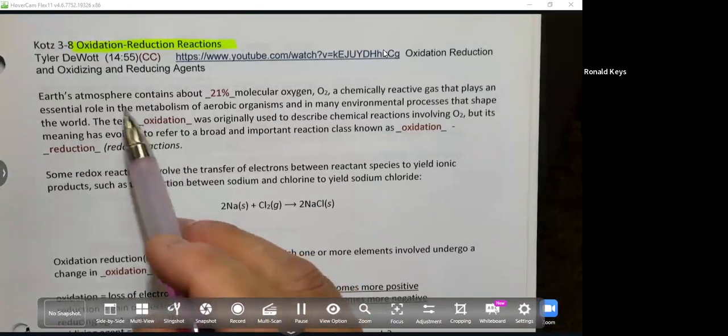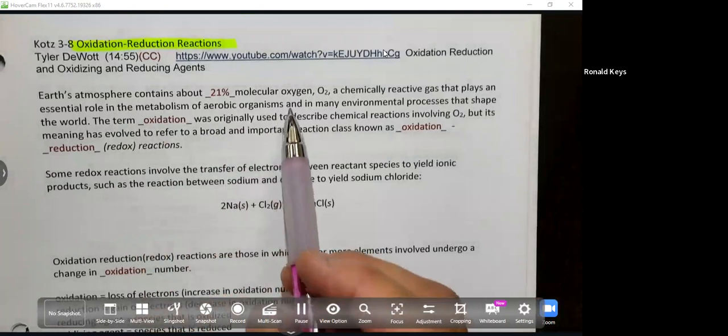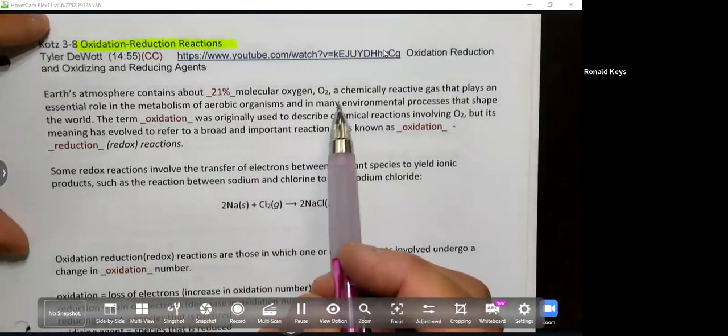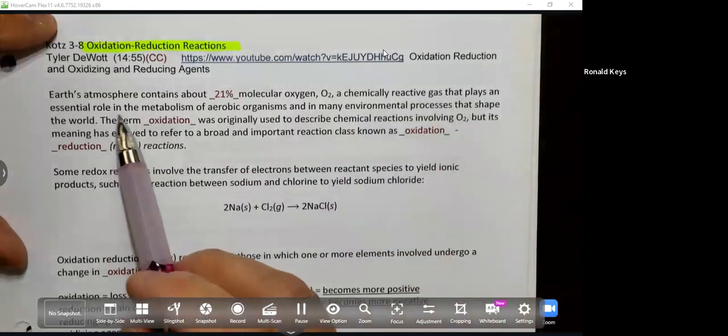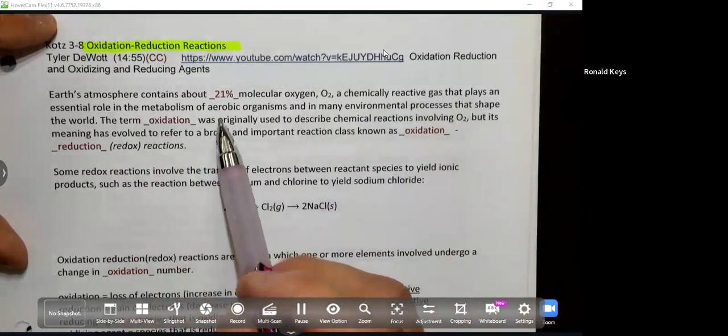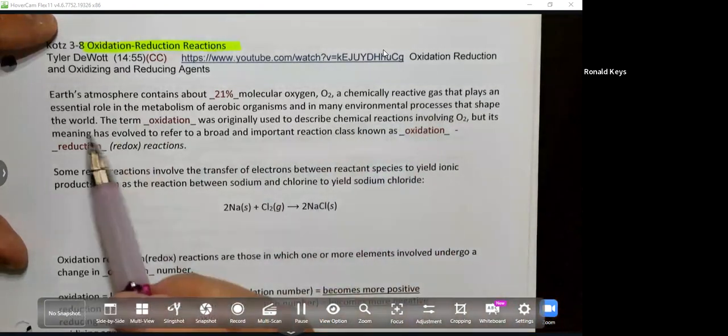Okay, the Earth's atmosphere contains about 21% molecular oxygen, a chemically reactive gas that plays an essential role in the metabolism of aerobic organisms and in many environmental processes that shape the world.